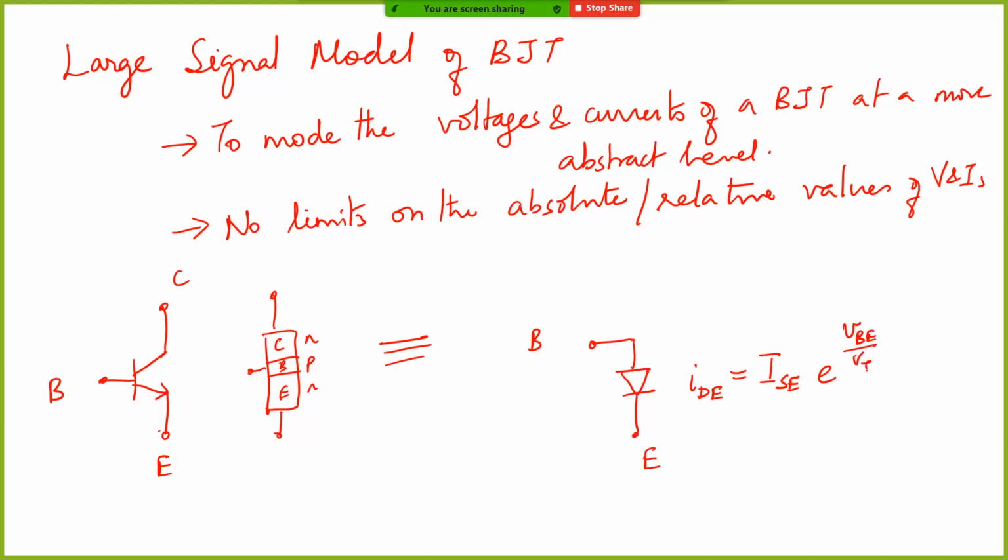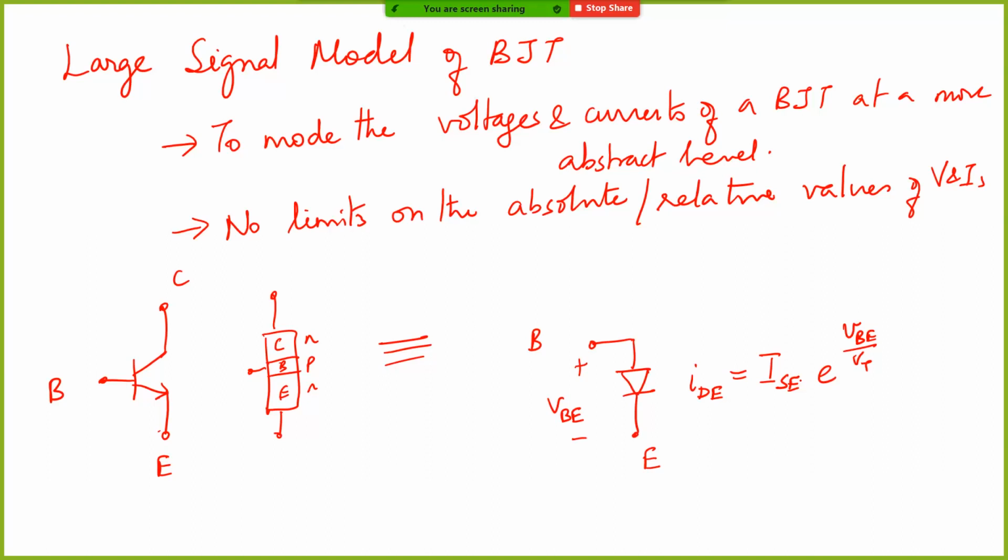Now this ISE is different from IS. This is a diode which has a voltage across it called VBE, defined like this, and the current is the saturation current of this diode, ISE, e to the power of VBE by VT.